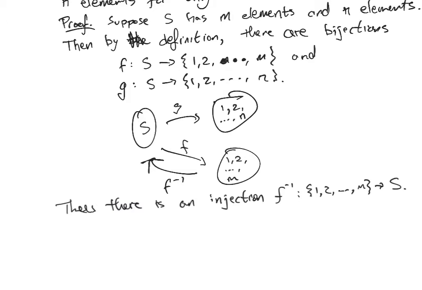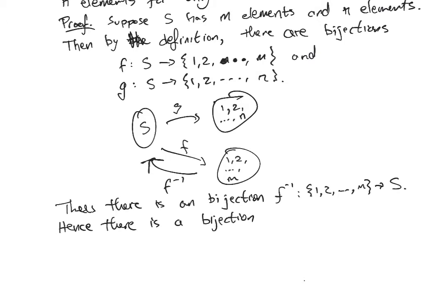So let me fix that real quick. Now we're going to use the fact that if we compose bijections, we get another bijection. Hence there is a bijection.